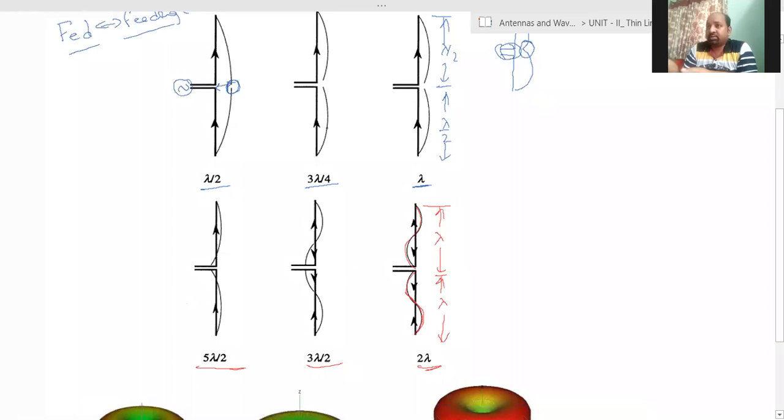So these are the current distributions. The current distribution is sinusoidal, and it depends on the length of the antenna.